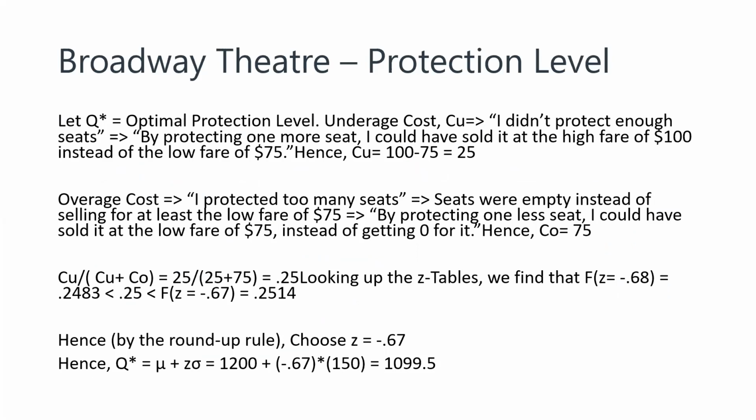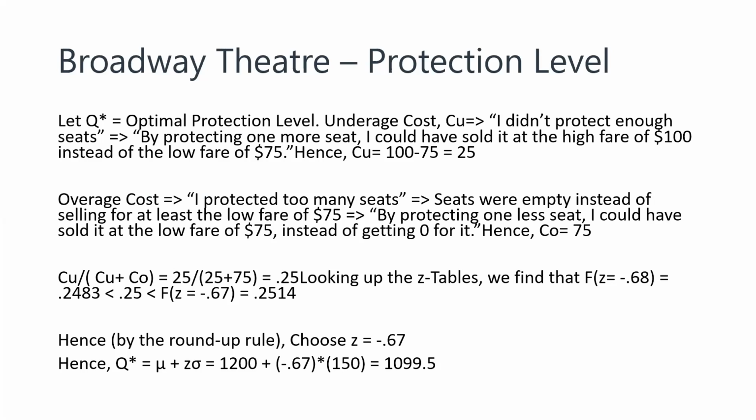So CU is 25. For CO, the logic is the seats were empty instead of selling at least at the low fare of $75. By protecting one less seat, I could have sold it at the low fare of 75 instead of getting 0 for it. So CO is $75.